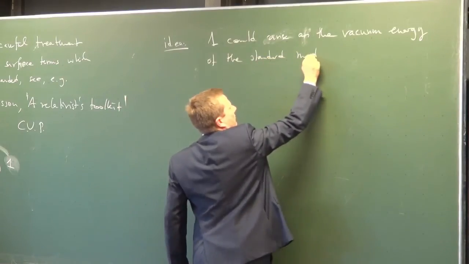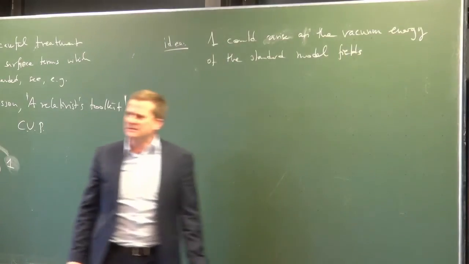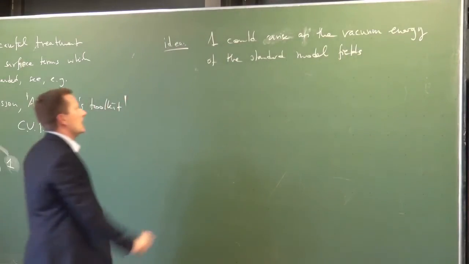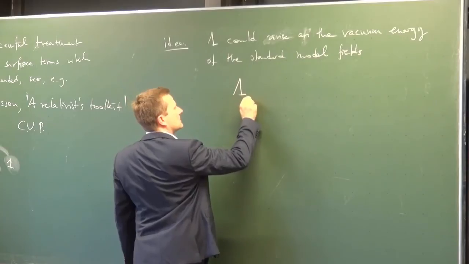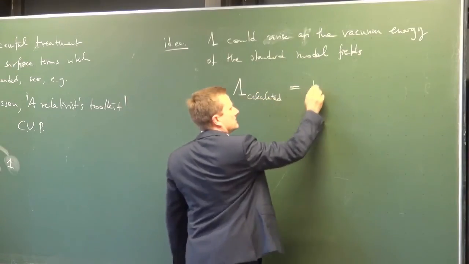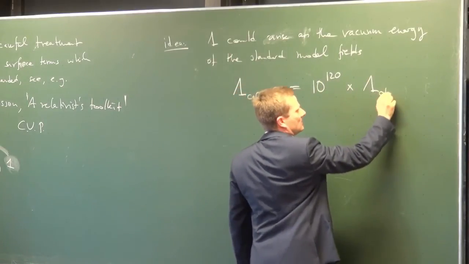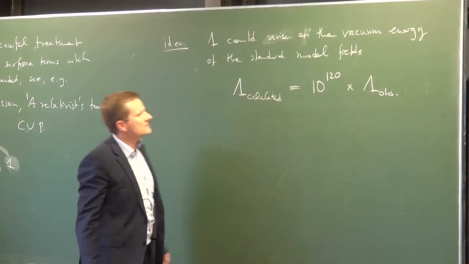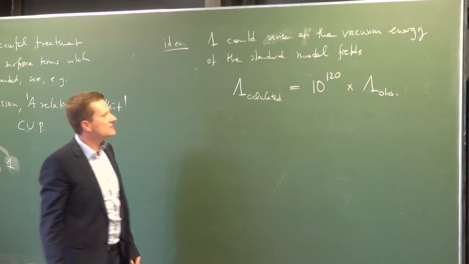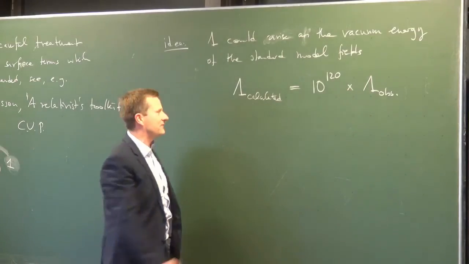So this is throwing in a little bit of quantum electrodynamics, but it's quite reasonable to try that. And then you obtain lambda calculated this way is a whopping 10 to the 100 times bigger than the lambda observed. And this is called the worst observation of physics. Not the worst observation, it's the worst prediction of physics, right?